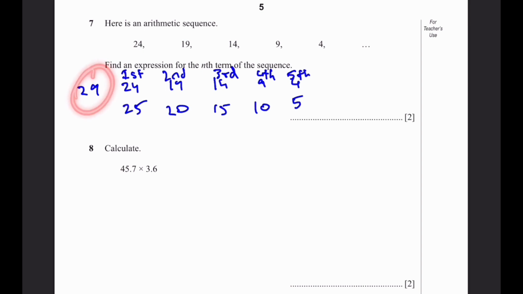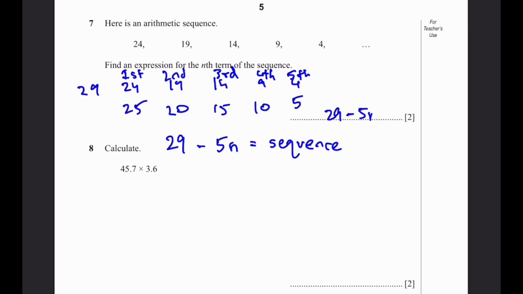So 29 minus 5 is 24, and 5 is equal to 5 multiplied by 1. 29 minus 10 is equal to 19, and 10 is 5 into 2. You can see the pattern? So 29 minus 5n is equal to the sequence. And so the answer is 29 minus 5n.